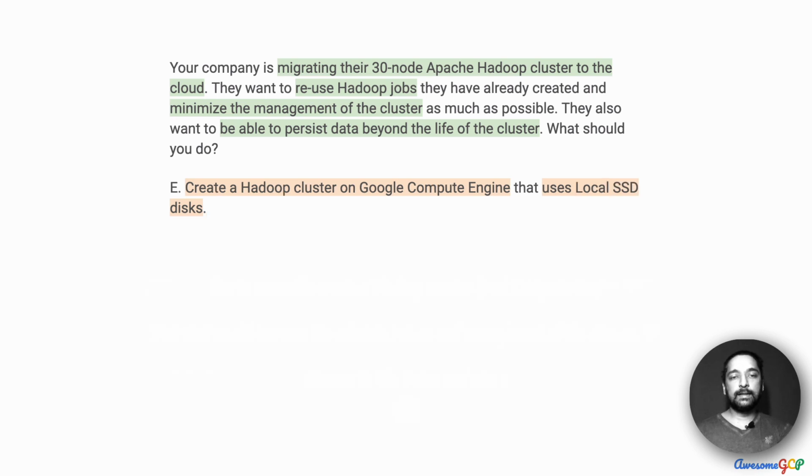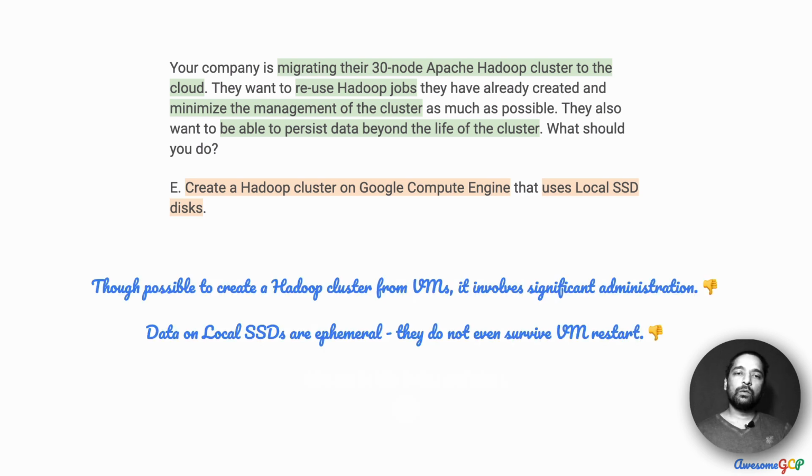Option E suggests that we create a Hadoop cluster on Google Compute Engine that uses local SSD disks. As in option C, though this is possible, it does not minimize the administrative overhead of managing the cluster. So this is not a good option to start with. What about using a local SSD? A local SSD will be much faster than using a persistent disk like a spinning disk or an SSD.